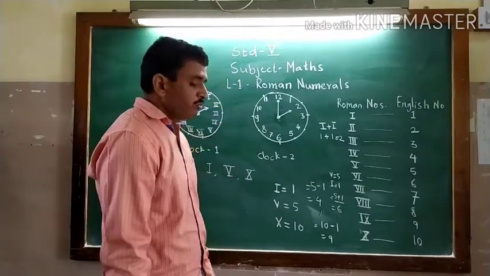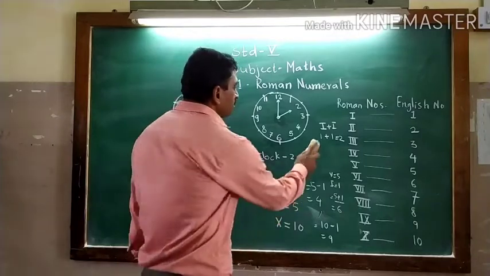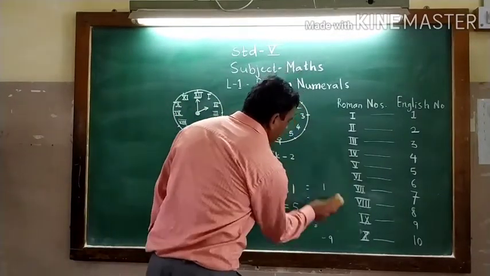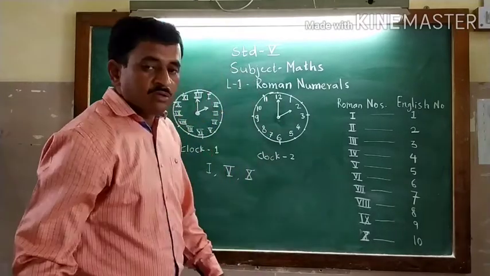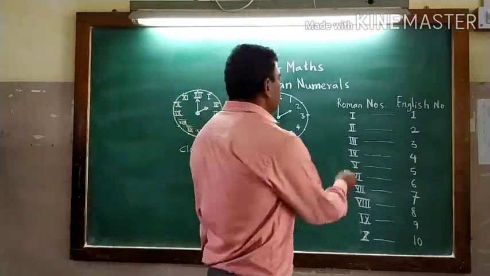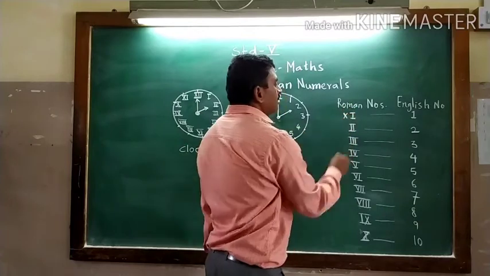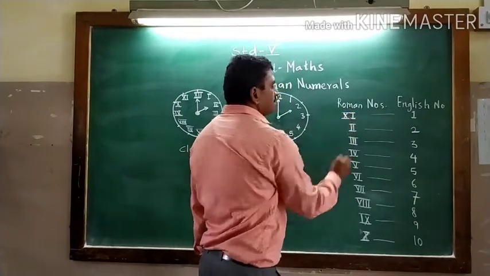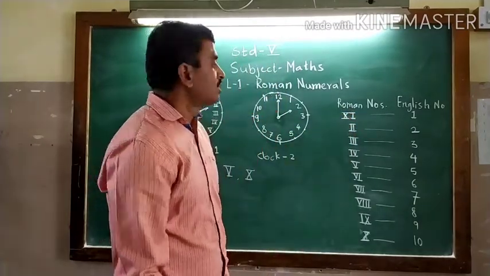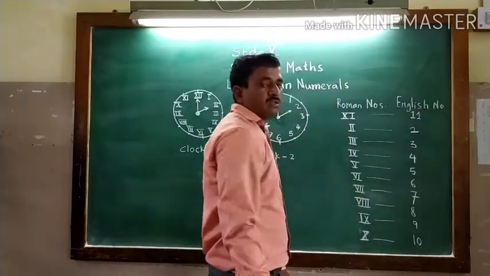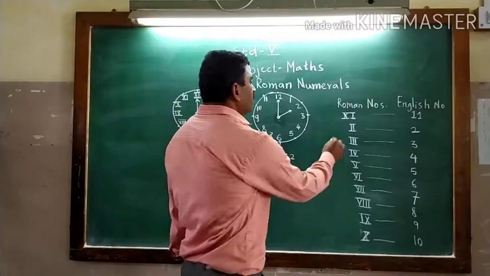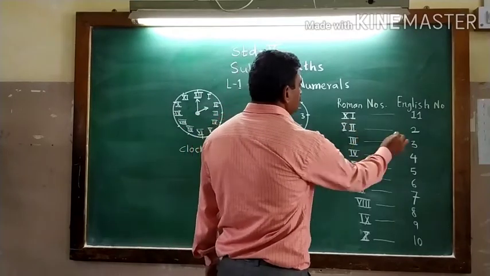So when we put I over here, X and I, then it becomes 11. Then when we put another I over here, then it becomes 12.